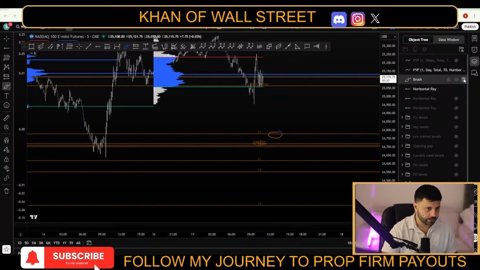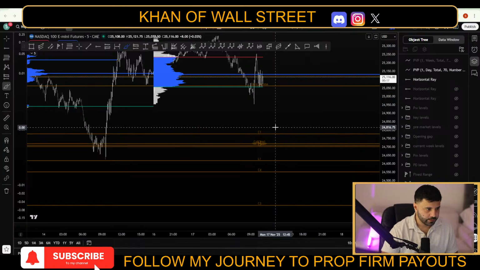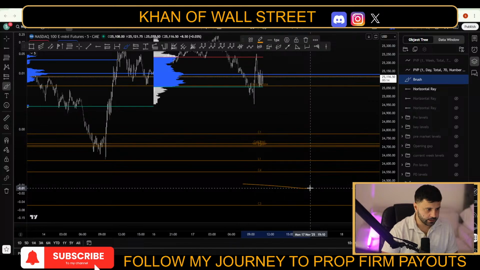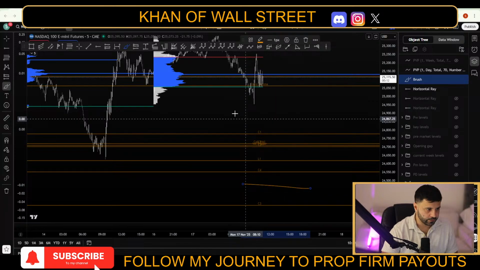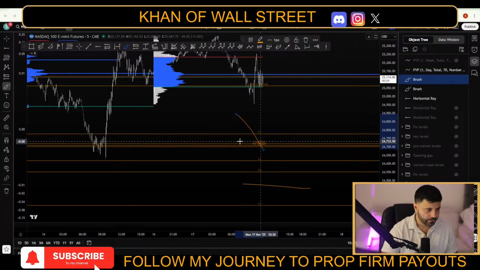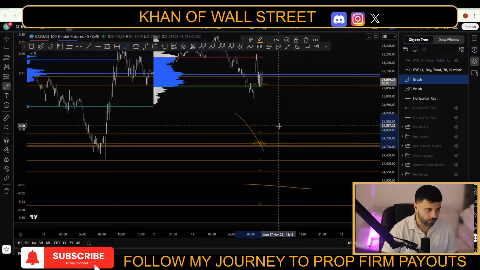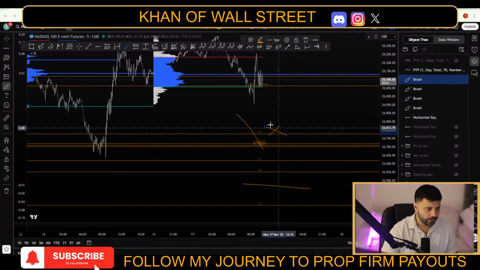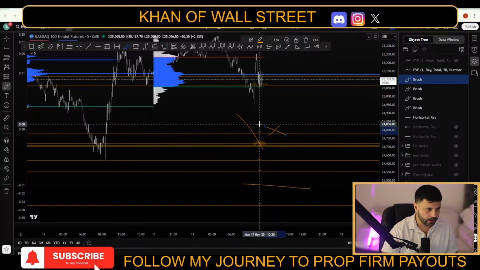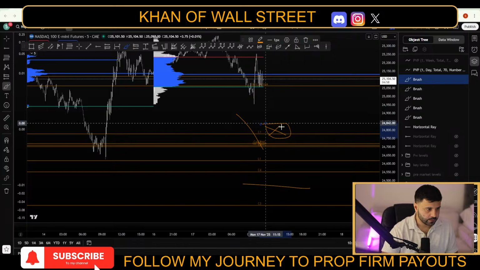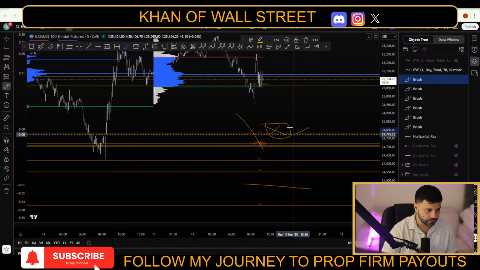In a positive gamma environment, for example, if the zero gamma line was here and all these options were above the zero gamma, that means the market makers are long options. They bought the put, so you sold a put to them.